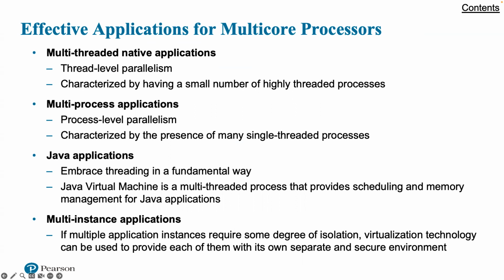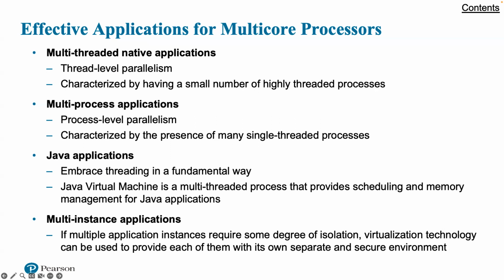Process applications are characterized by the presence of many single threaded processes. Then we have Java applications. Java applications embrace threading in a fundamental way. Not only does the Java language greatly facilitate multi-threaded applications, but the Java virtual machine is a multi-threaded process that provides scheduling and memory management for Java applications.